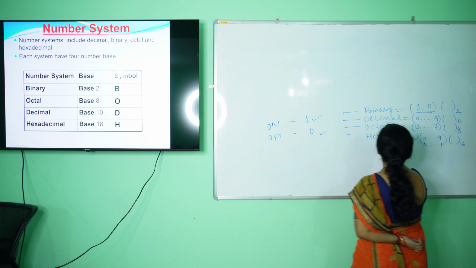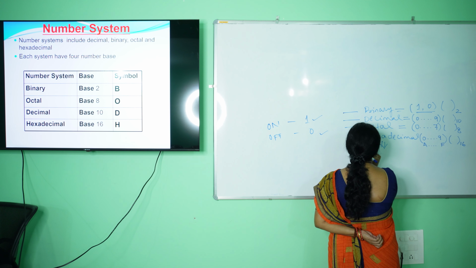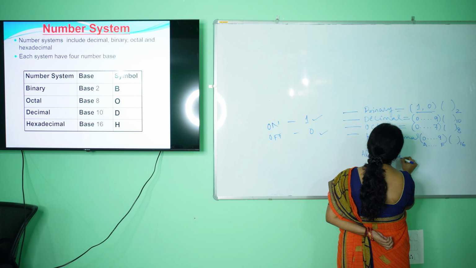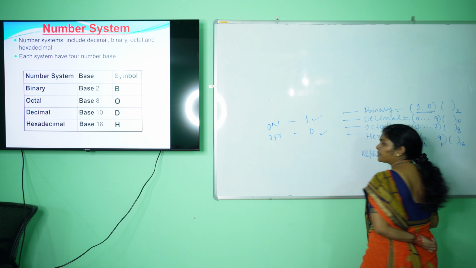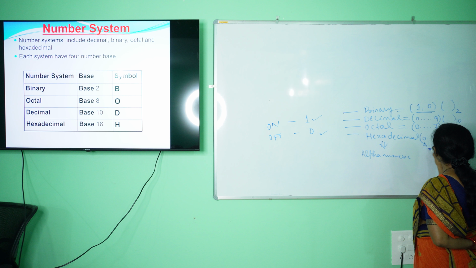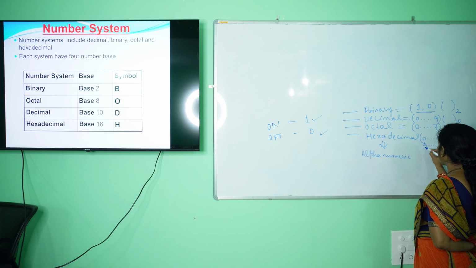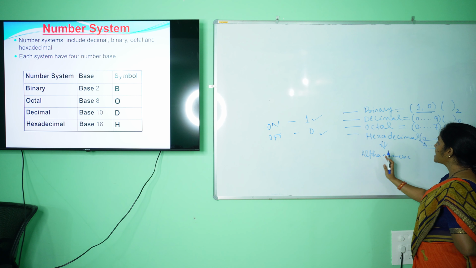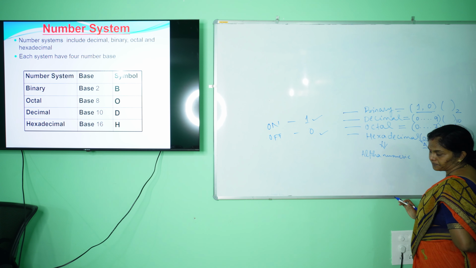The hexadecimal number system is otherwise called the alphanumeric number system. Why is it called the alphanumeric number system? Because it consists of alphabets, that is from A to F, as well as numerals, that is 0 to 9. That's why it is called the alphanumeric number system.